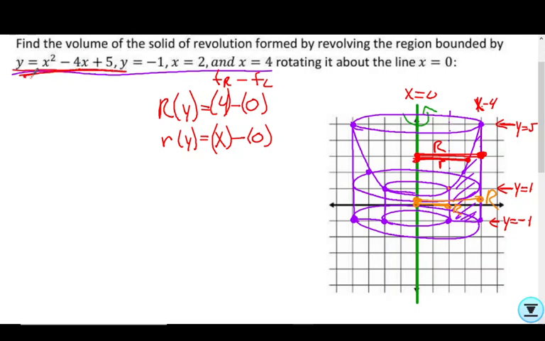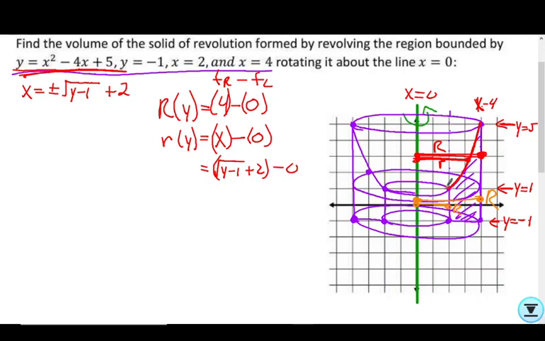So you have to solve this for x. When you solve for x, you get x equals plus or minus the square root of y minus 1, plus 2, which means the little radius is the square root of y minus 1 plus 2, minus 0, which is just that. We use the positive side because this part is the positive side. The other side would be the negative side.